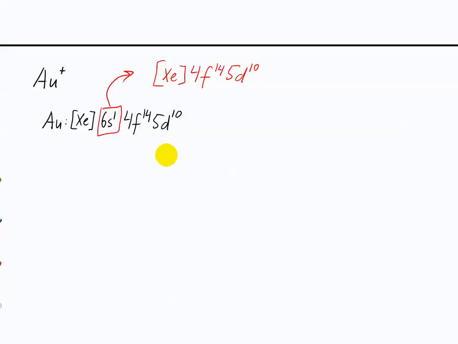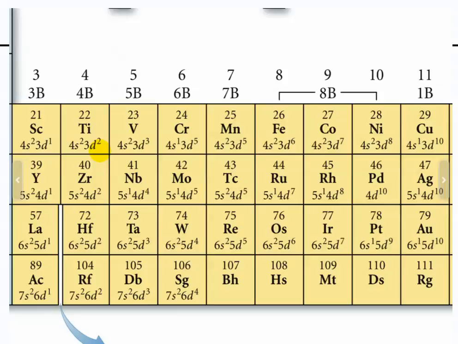So the one in red is the gold ion? Yes, that's this one. Here are some configurations of transition metals. You see here, it's very clear. You stick in the 4s2 on the first row, except for those half-filled ones, chromium, and over here.